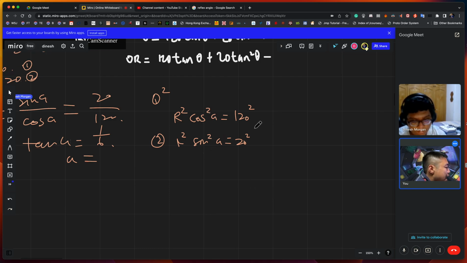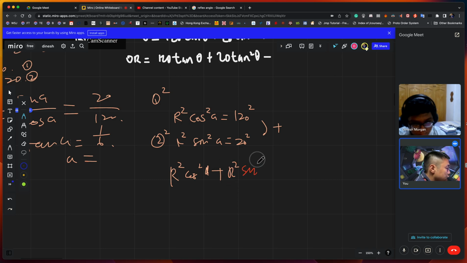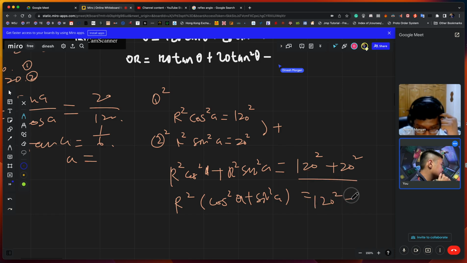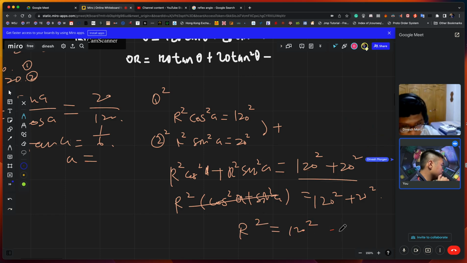And then you just add these two together, so you have R squared cosine squared A plus R squared sine squared A. Then you take out R squared, you have cosine squared A plus sine squared A, so this one is 1. So R squared equals 120 squared plus 20 squared.